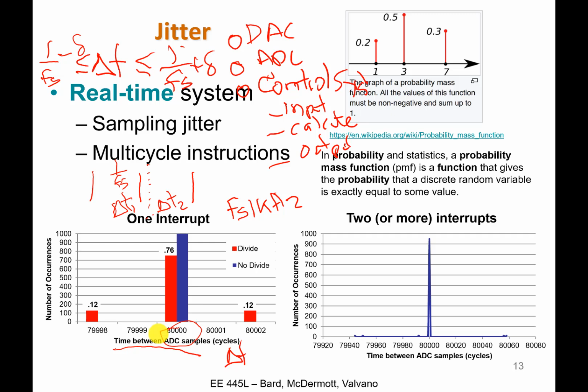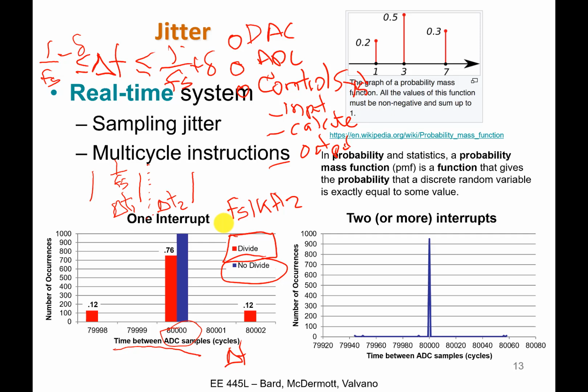Now, if my main program runs with no divide instruction, you will see that I will take 1,000 samples, and the time between the interrupts will be exactly 80,000 for all 1,000 times. On the other hand, if my main program has a divide instruction, the divide instruction takes 12 bus cycles, okay?